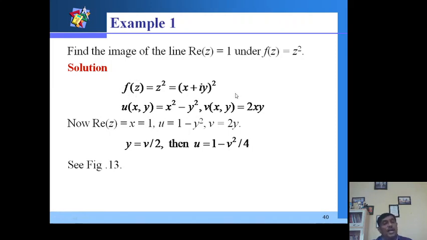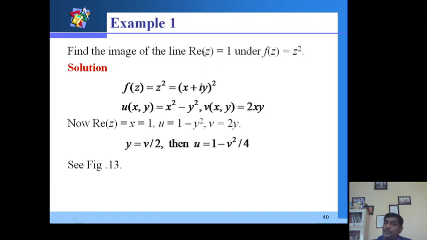So u and v are functions of x and y. You can separate the real and imaginary parts on the left and right hand side, then u of x comma y is equal to x square minus y square and v of x comma y is equal to 2xy. If you observe, the line is given by real part of z.